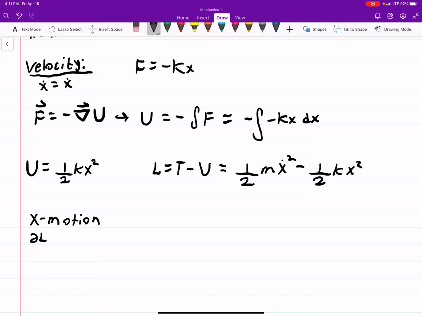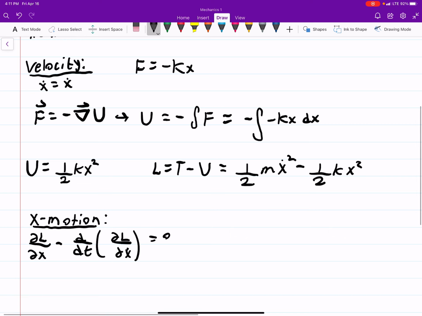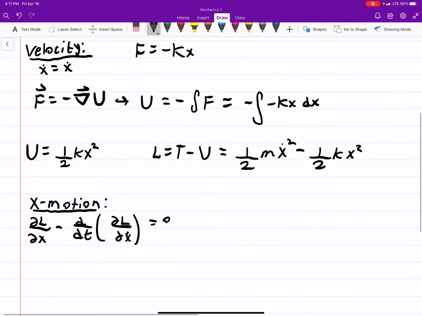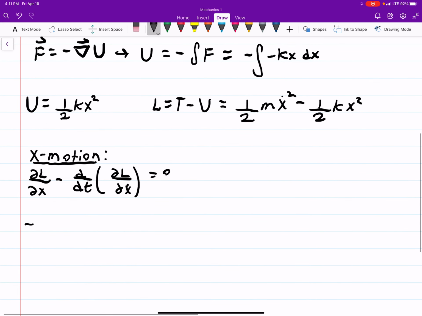which means dL by dx minus d by dt dL by dx dot is equal to 0. It's supposed to be a dot. dL by dx is minus kx minus d by dt of m x dot equals 0.